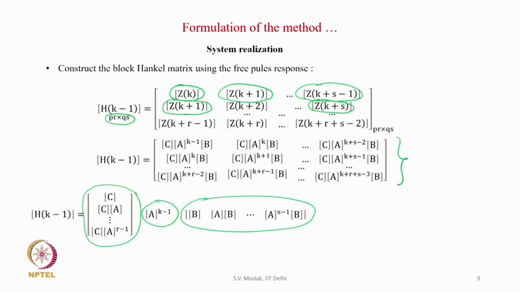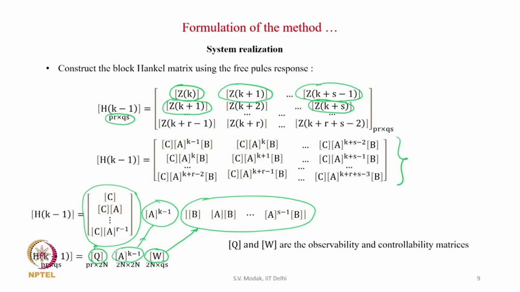So, we can write the block Hankel matrix as a product of three matrices. The first matrix is the matrix Q, this one, and the W matrix is the last matrix in the equation, and A^(k-1) is of course this matrix. So, the matrices Q and W are the observability and controllability matrices.